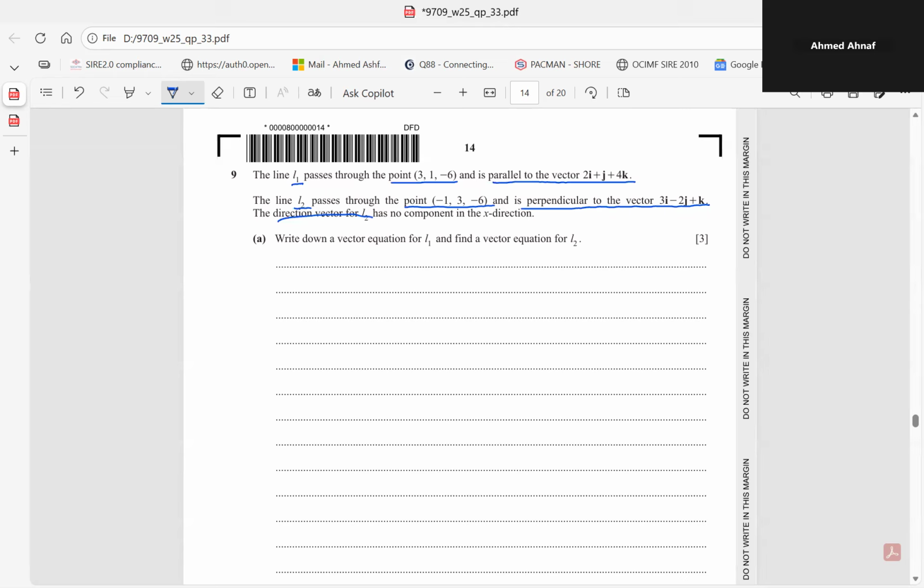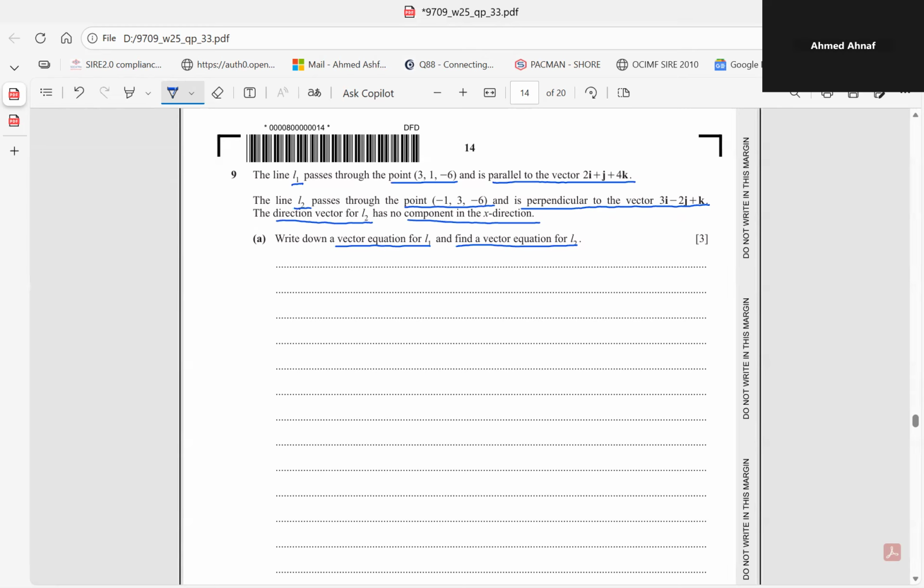The direction vector for L2 has no component in the x direction. In other words, our i value is 0, or in column vector form, the very top value is 0. For the first part, we need to write down a vector equation for L1 and find a vector equation for L2.